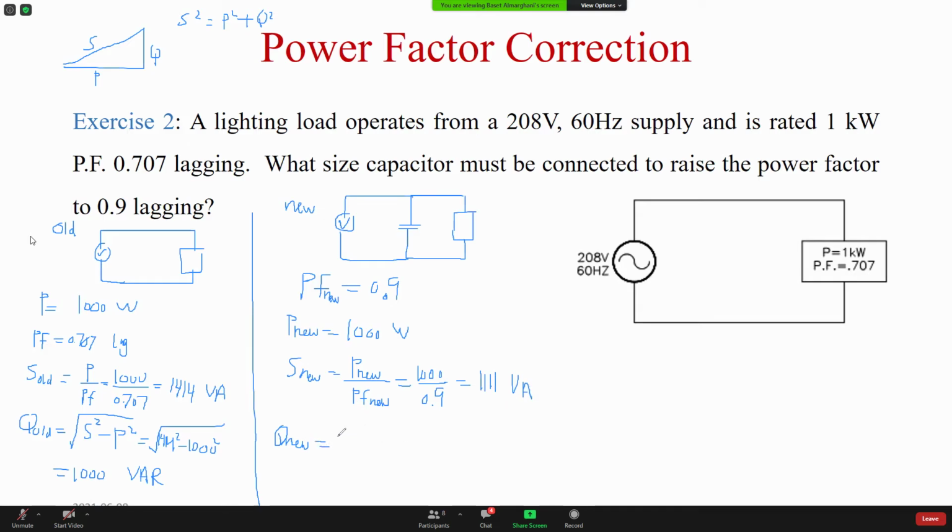Then Q is the square root of S new squared minus P new squared, which is the same. P doesn't change. So this is 1111 squared minus 1000 squared. This is going to give me a number.